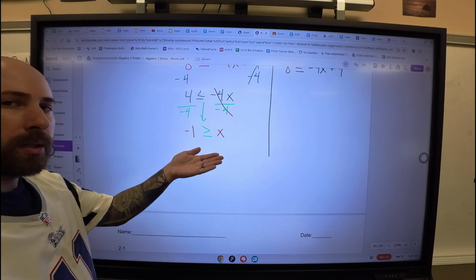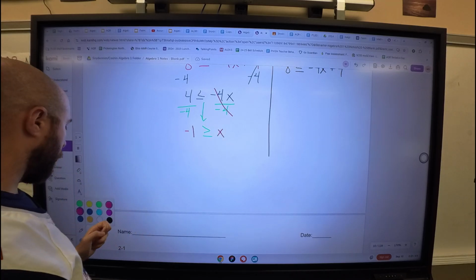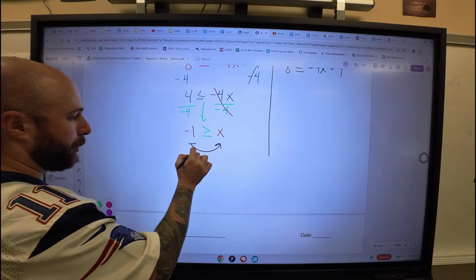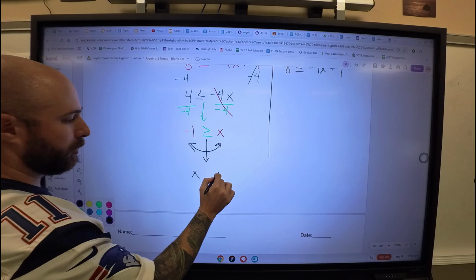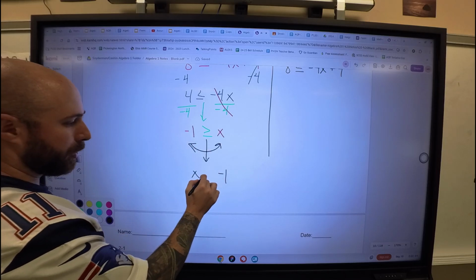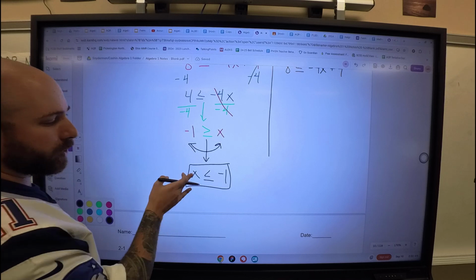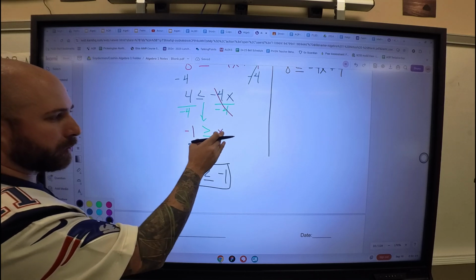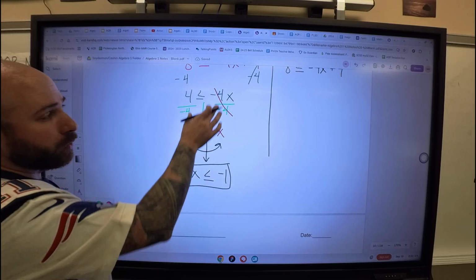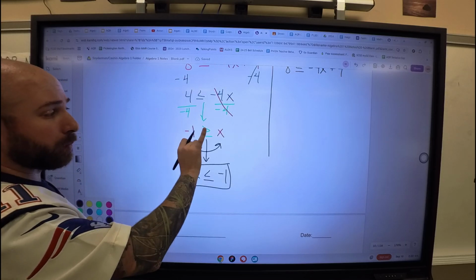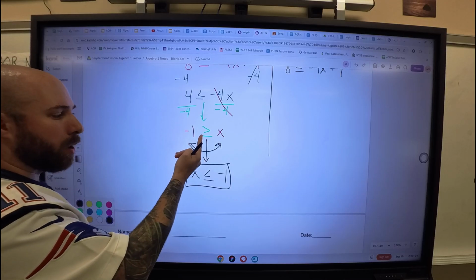The problem with this is that it's not written as x symbol number. So what we have to do is flip everything. We have to flip our x and -1, and we have to flip the sign back, okay? Because -1 is greater than or equal to x is the same thing as x is less than or equal to -1. Okay, so you can solve it with your variable on the right, but you have to remember to flip your inequality, everything within the inequality at the end.